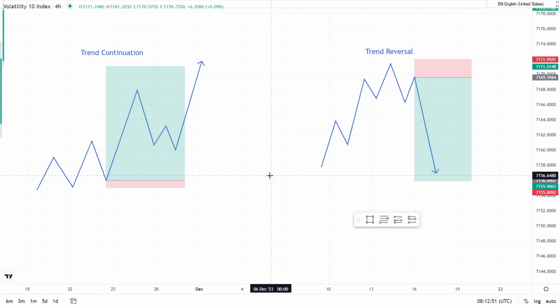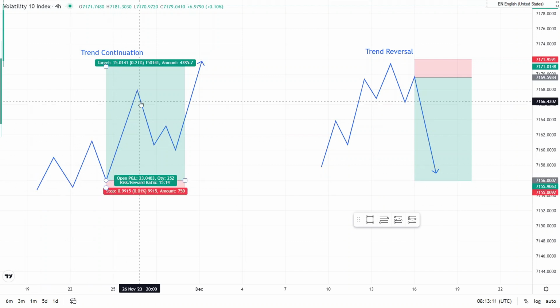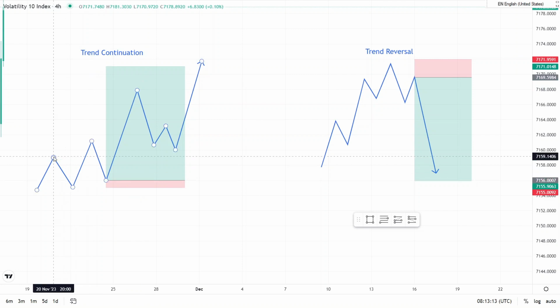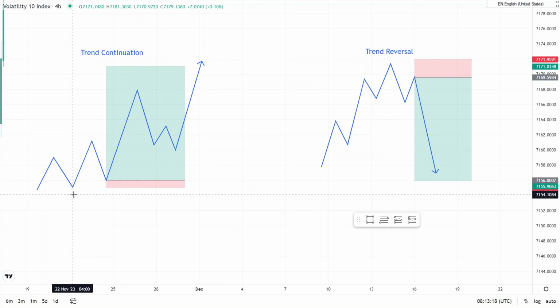Alright traders, we are on the laptop now. I want to show you how sniper entries form on the market. In the market, we have two types of sniper entries. The first one is the trend continuation pattern. This type of sniper entry capitalizes on the trending market, which in this case is an uptrend, and we look to enter within what the market is doing, which is uptrending.